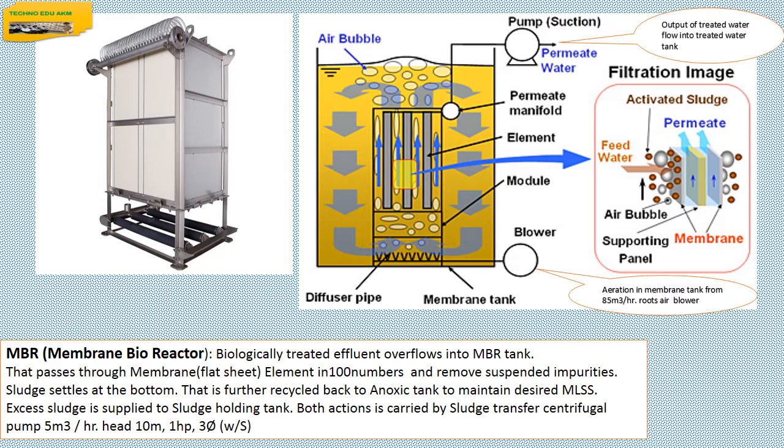The biologically treated effluent overflowing from the aeration tank is led by the membrane feed pump into the MBR tank, where the effluent passes through the membrane for removal of suspended impurities. Sludge settles at the bottom of the tank and is recycled back to the anoxic tank to maintain the desired MLSS.